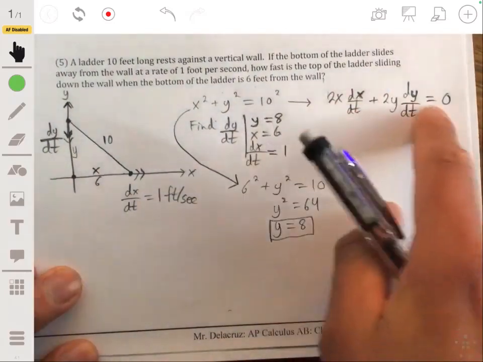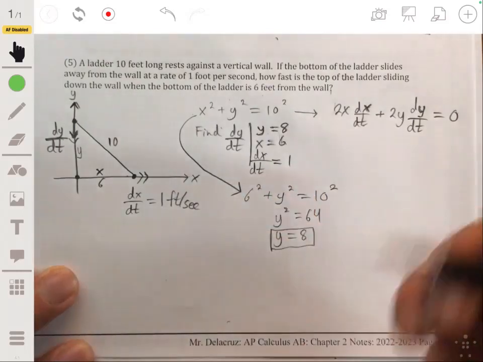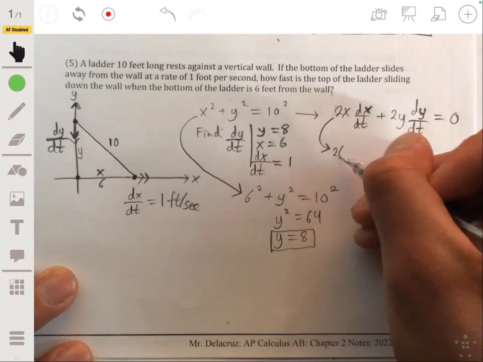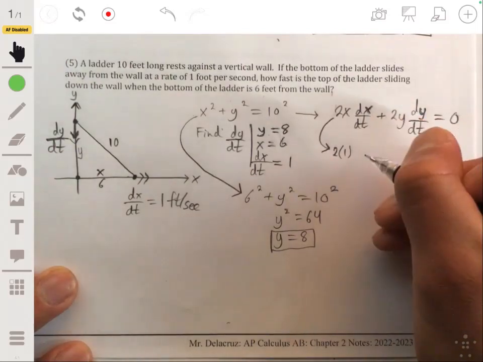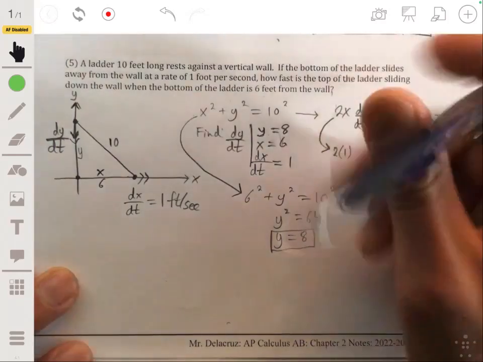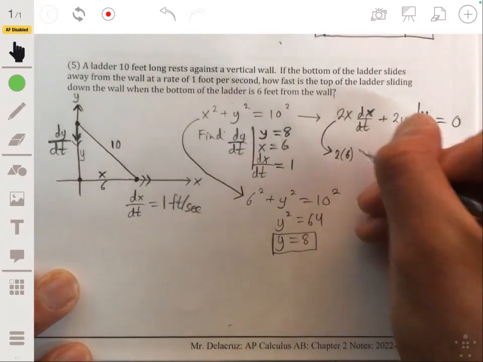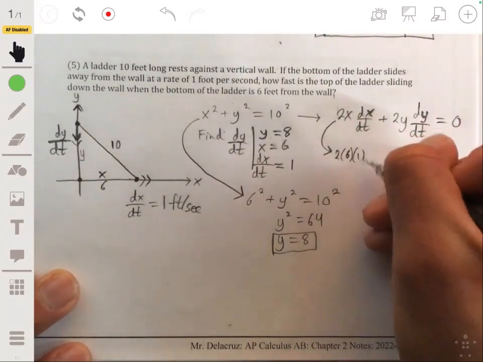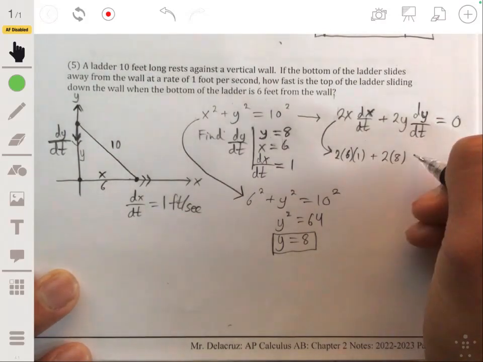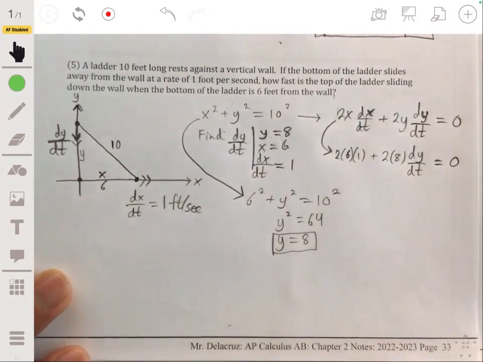And now we can simply solve this for dy/dt by plugging these values in. Let's go ahead and do that. So we got 2 times 6, x is 6. 2 times 6 times 1, because dx/dt is 1, plus 2 times y, which is 8, times dy/dt equals 0.